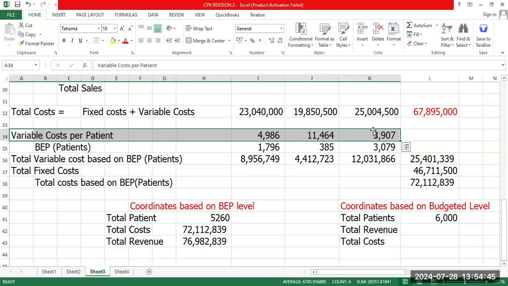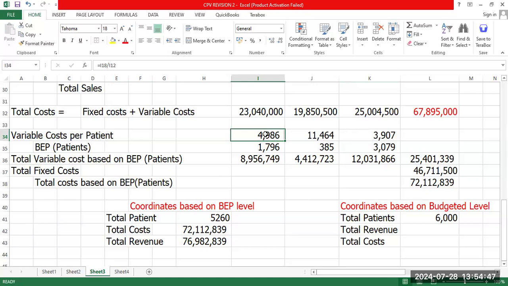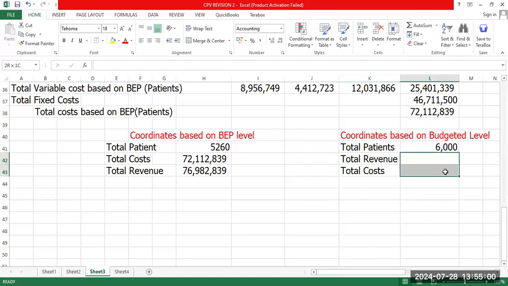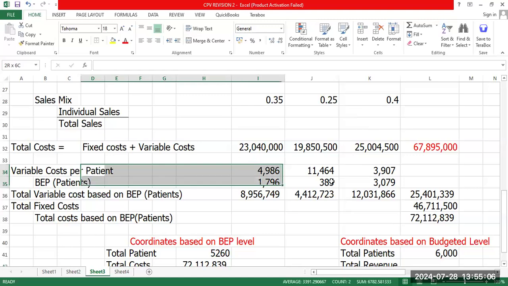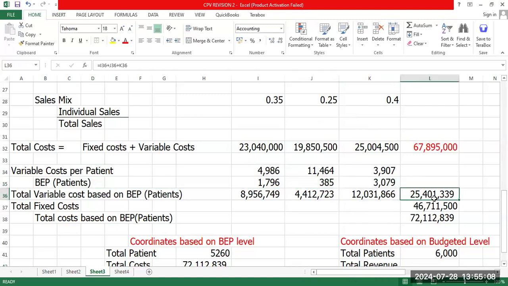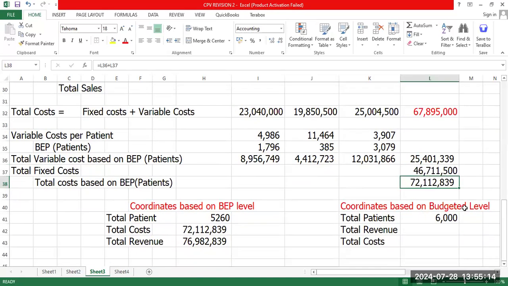So you get this times the number of patients in the additional information. Then you will have these coordinates. Once you have total variable cost, like the way we have here, you will add this fixed cost to get total cost at budgeted level.